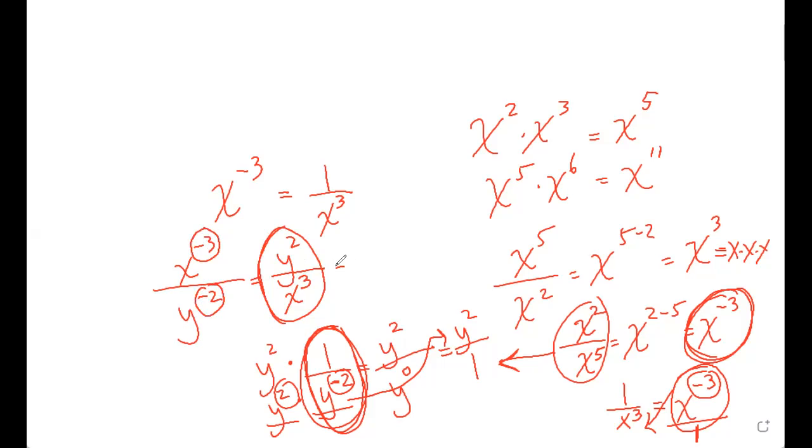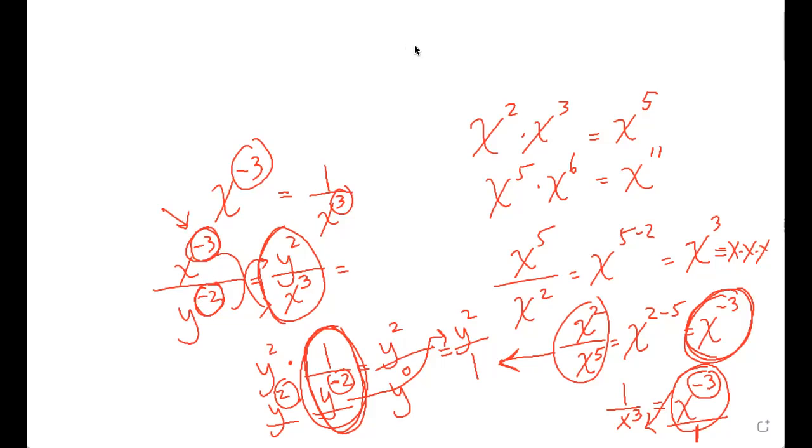Exponents should always be positive because we know what it means. Y squared means y times y. X cubed means x times x times x. We don't really know what negative means until we change it to a positive. Okay? So that is how we convert a negative exponent to a positive exponent, whether it's in the numerator or the denominator.